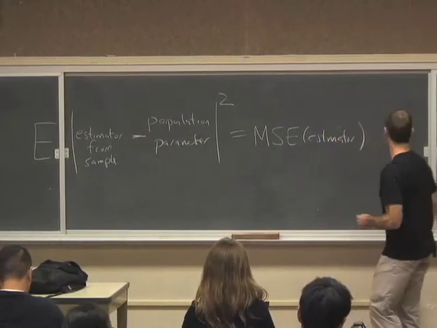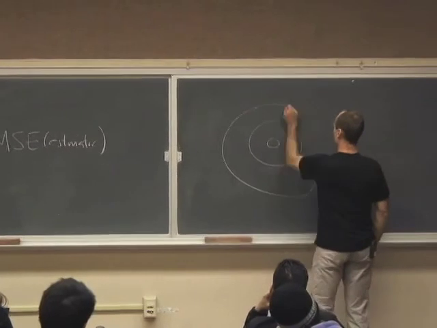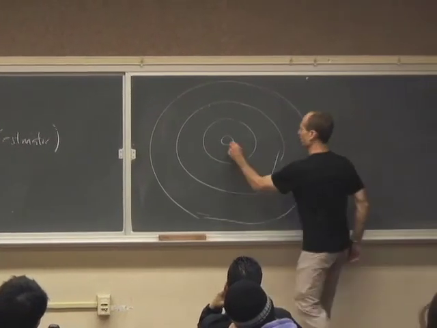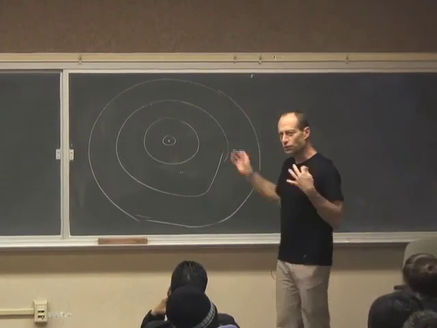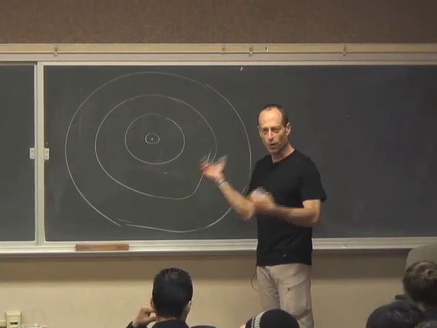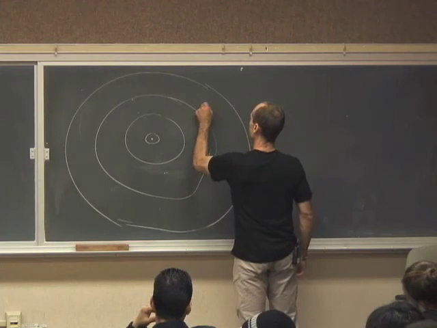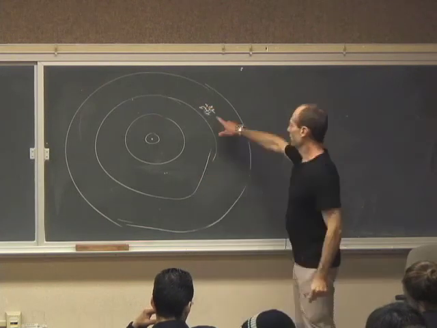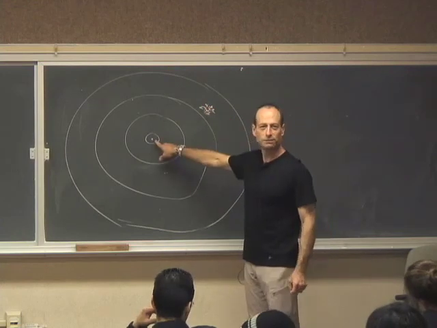Here's one of them. Imagine that you have a target, and you're shooting at the bullseye. There are two kinds of inaccuracies that your rifle can have. One kind of inaccuracy is when you shoot repeatedly, the bullet hits in almost the same place every time, but that place is not the bullseye.